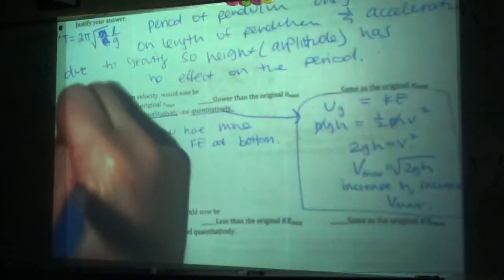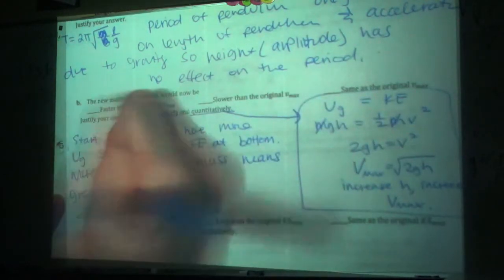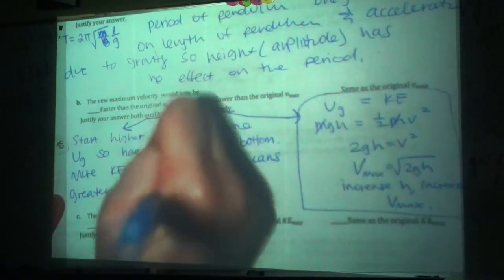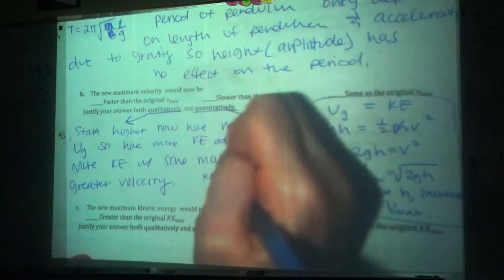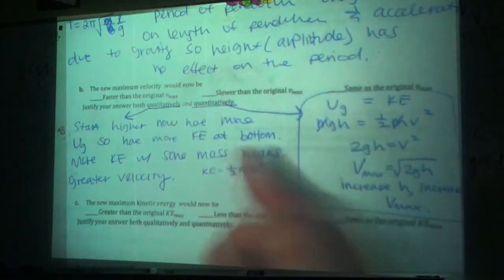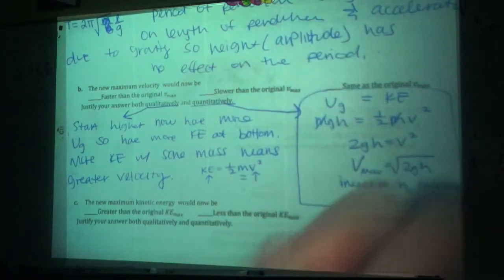More kinetic energy with the same mass means greater velocity. And if you want to just point to this reasoning, if this increases and this stays the same, then this would have to increase as well.